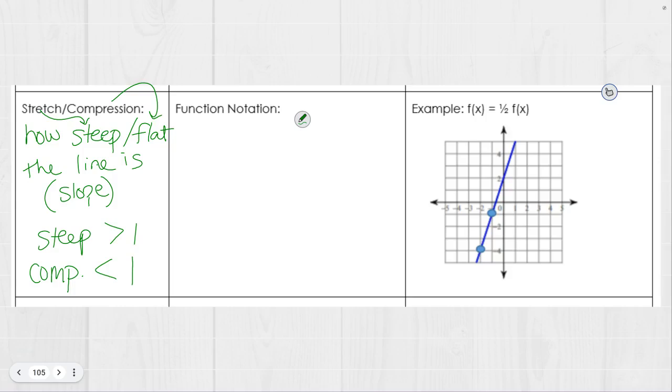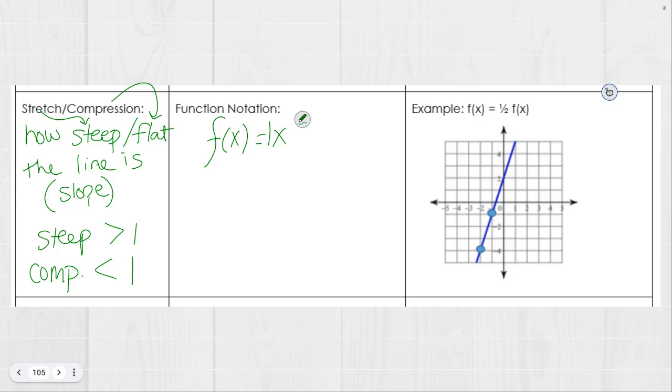So if you've got f of x, the natural one is 1, remember?